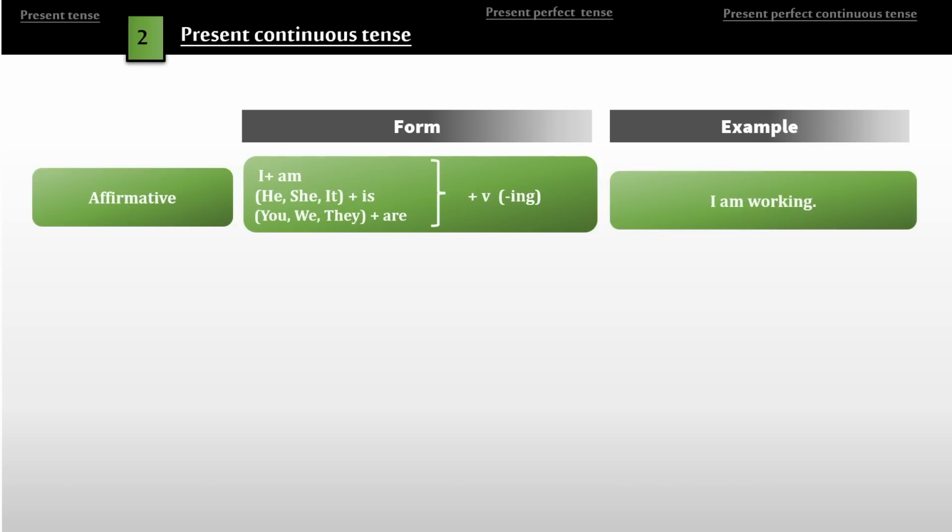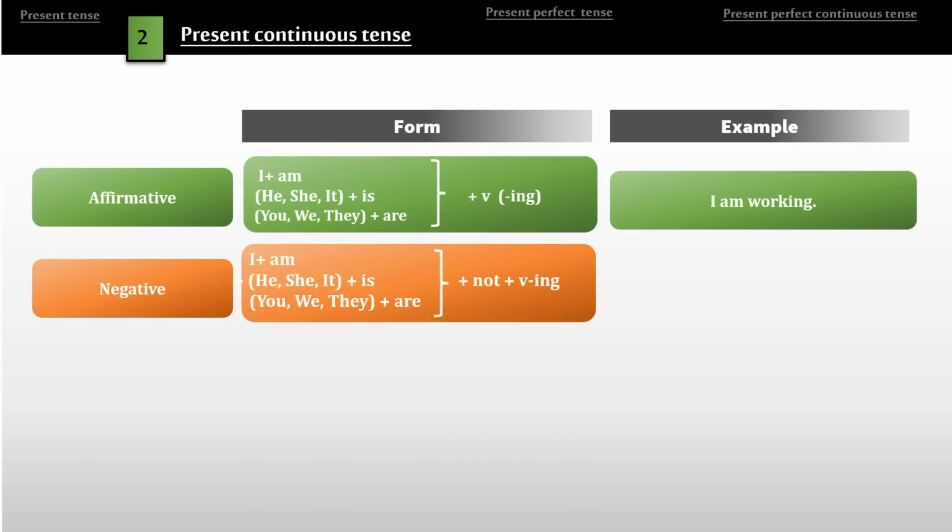Example: I am working. Negative sentence. I plus am plus not plus verb ing, he, she, or it plus is plus not plus verb ing, and you, we, or they plus are plus not plus verb ing. Example: I am not working.